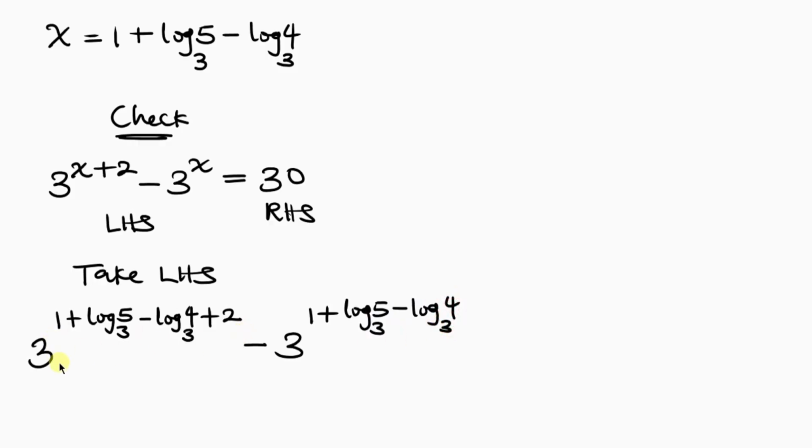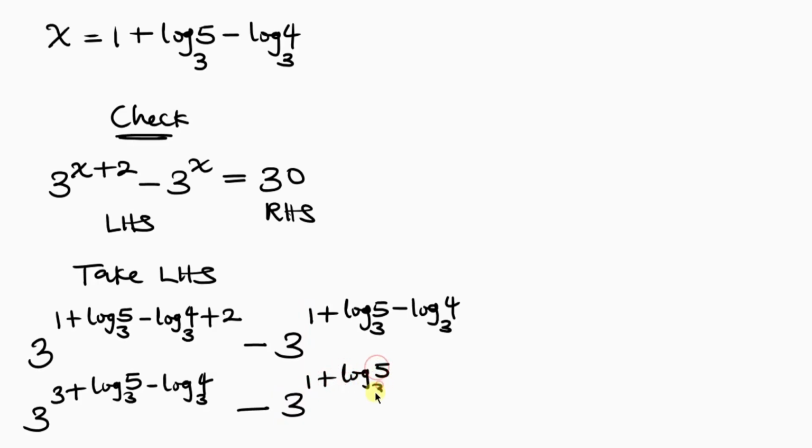Now let's simplify what we have here. This becomes 3 to the 1 plus 2 is 3 plus log 5 base 3 minus log 4 base 3. This is minus 3 to the 1 plus log 5 base 3 minus log 4 base 3.